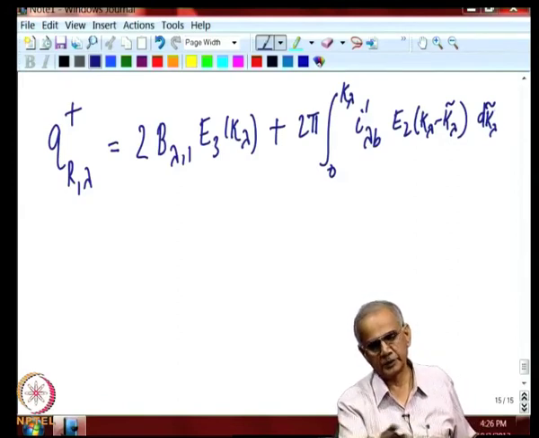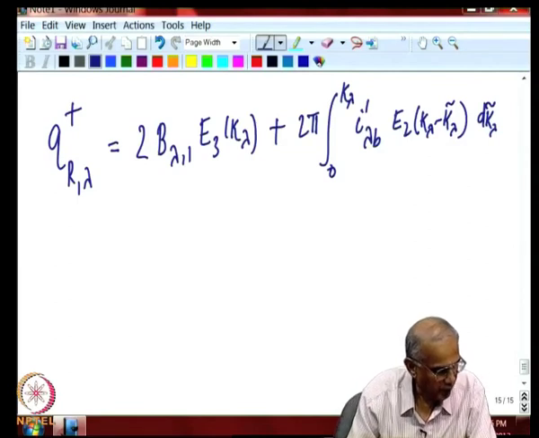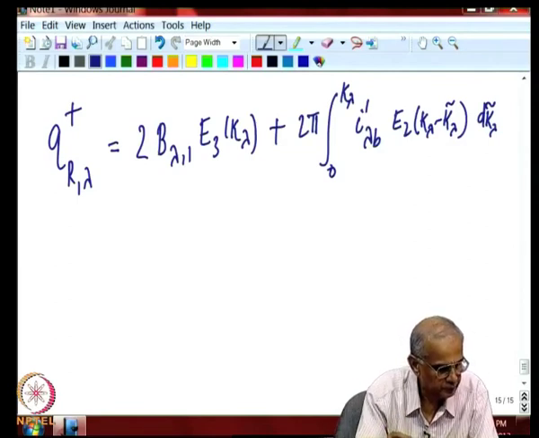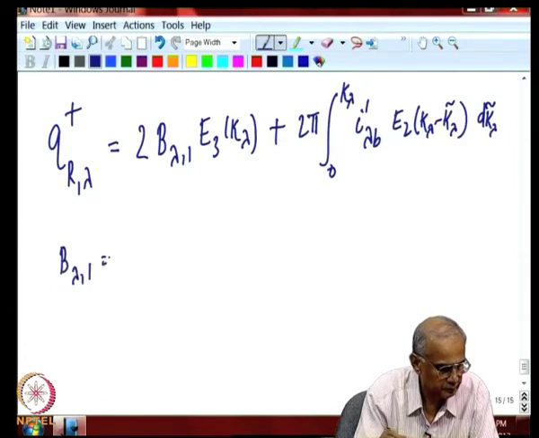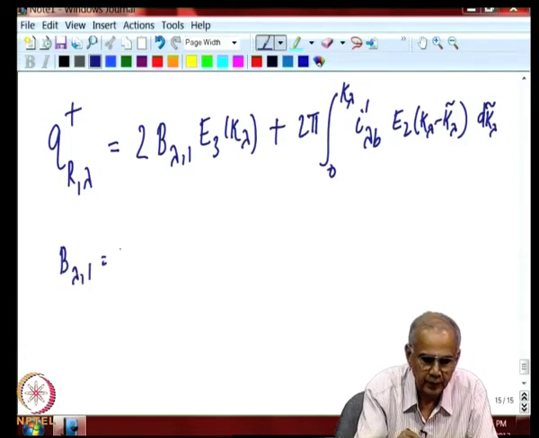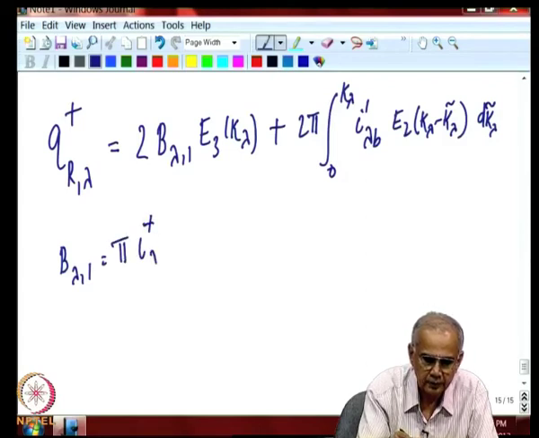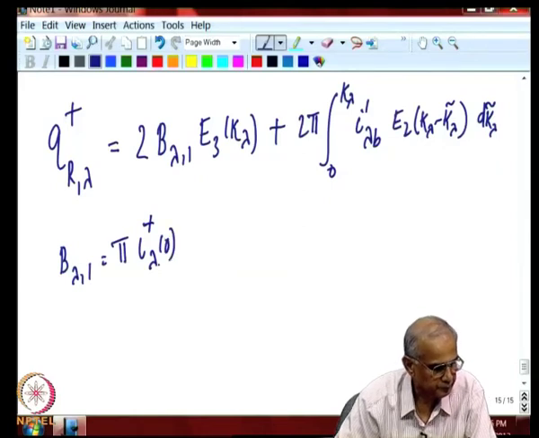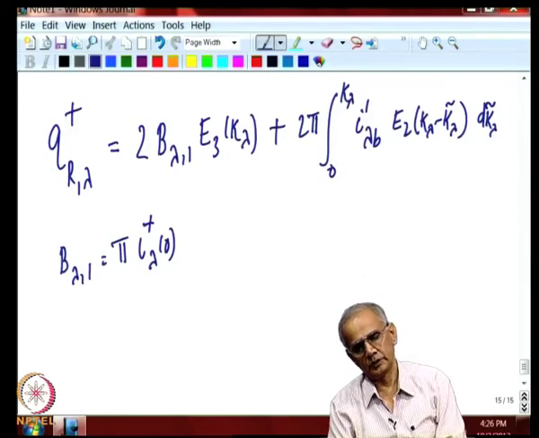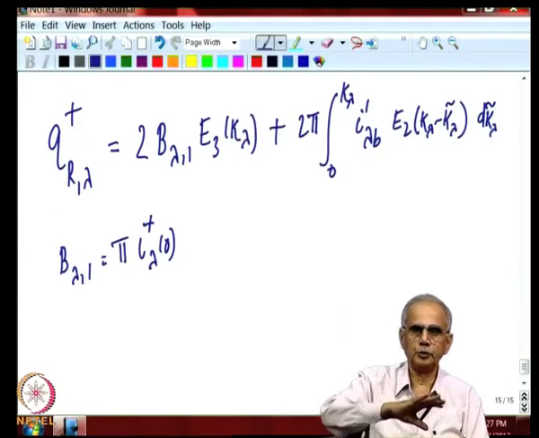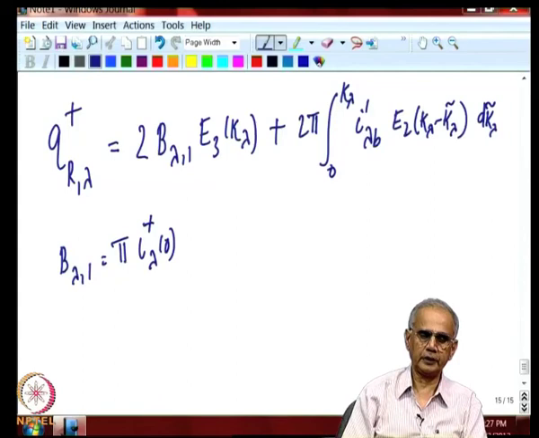Notice that there are two terms, and B lambda 1 by definition is pi times I plus lambda 0. So, this is the upward travelling intensity from the lower surface, and which is assumed to be diffuse isotropic.